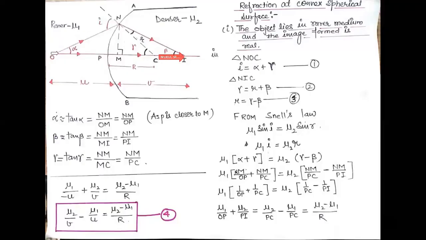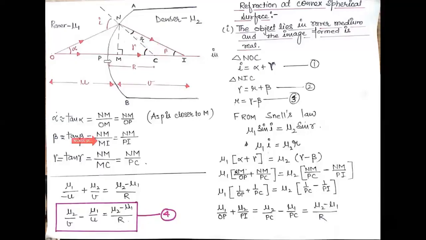Now we have to find out the values of alpha, beta and gamma. For alpha, tan alpha equals MN upon OM. Since P and M are very close, we can replace OM by OP. Now tan beta equals MN upon MI.